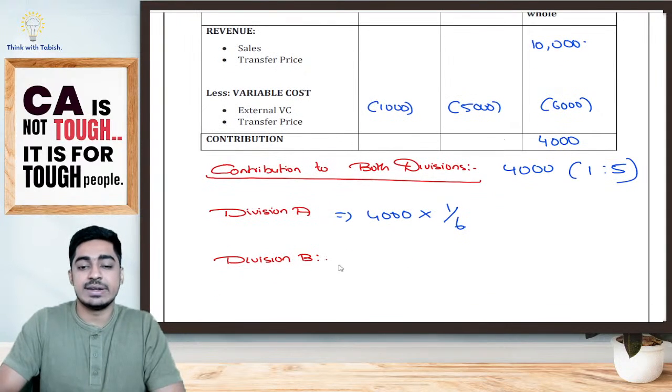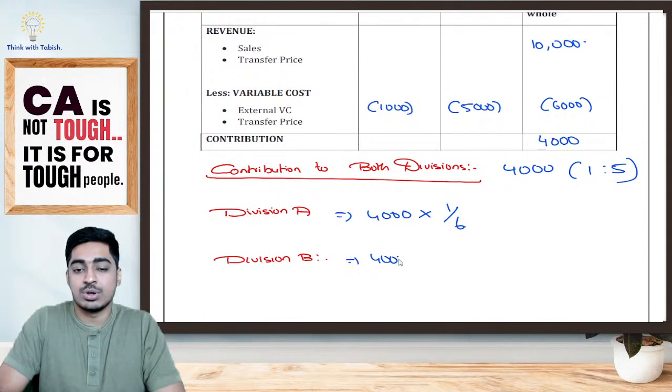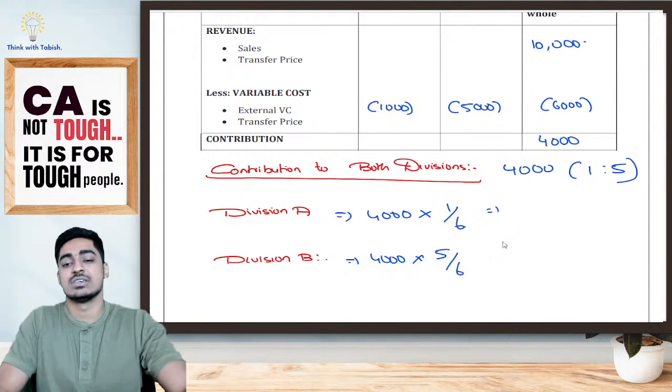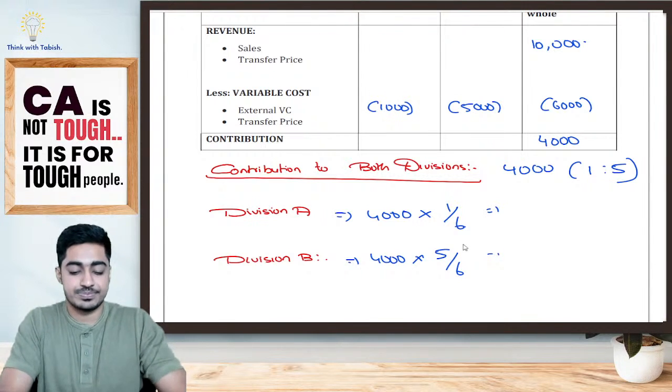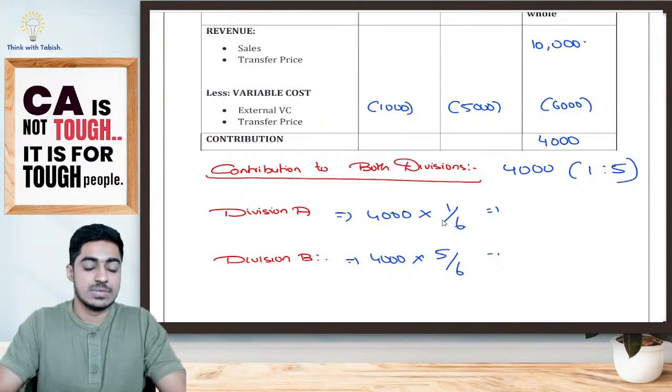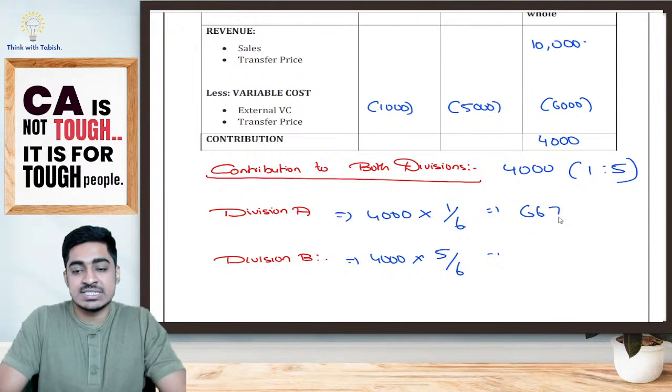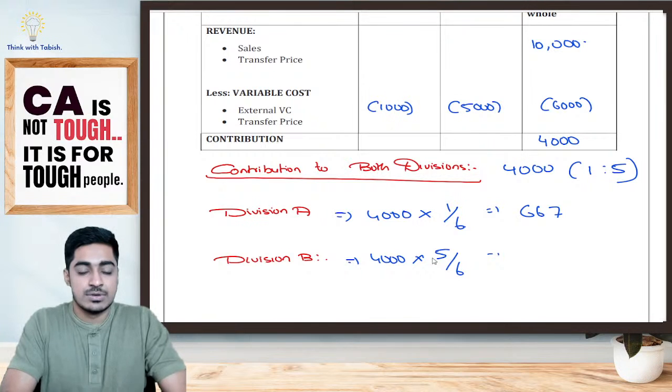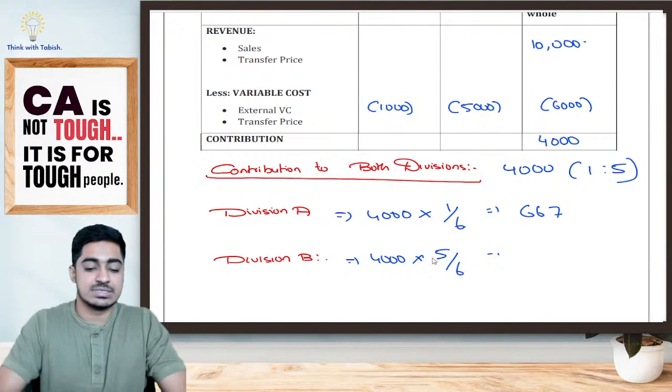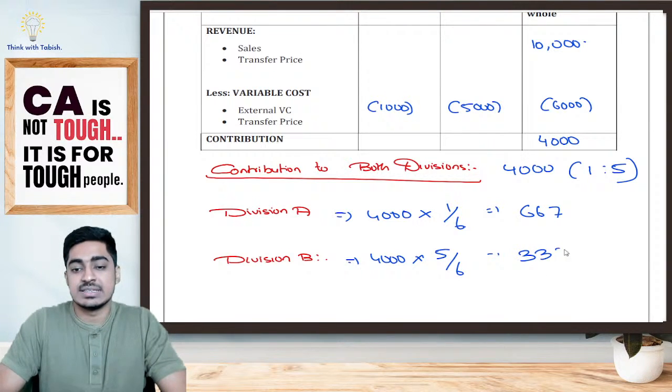Division B will say 4000 is the overall contribution of the company, your portion is 5 by 6. So how much will it come to? 666.66, let's consider it as 667. 4000 into 5 by 6 is 3333, so let us take 3330.